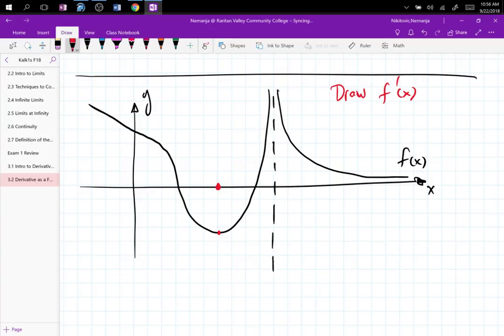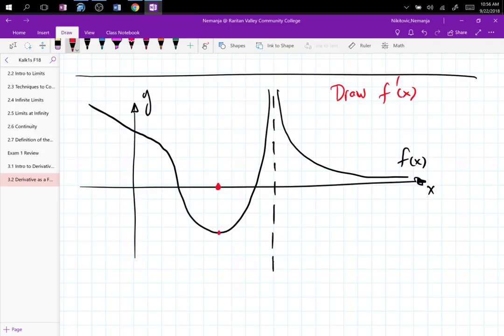The derivative is going to cut through the x-axis. So all we have right now, before we hit those increase-decrease parts, is the x-intercept there and this vertical asymptote.